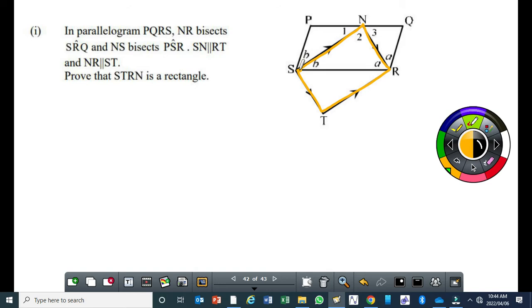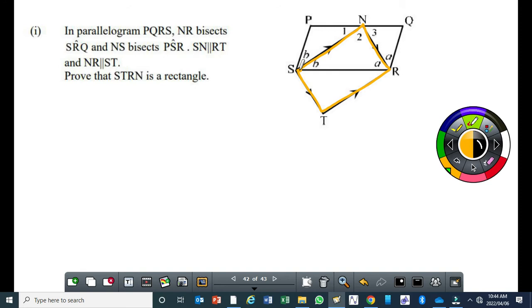If it's a parallelogram, then you must prove that each interior angle, or at least one angle, is equal to 90 degrees. Because if it's a parallelogram, the opposite angles are equal. So if you prove one angle being 90, the opposite is also 90. Then if you use co-interior angles, the third angle will be 90, and the fourth one will also be 90.